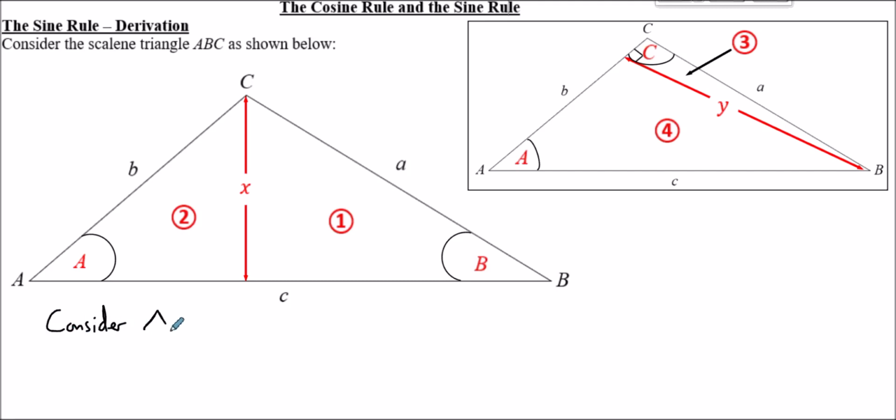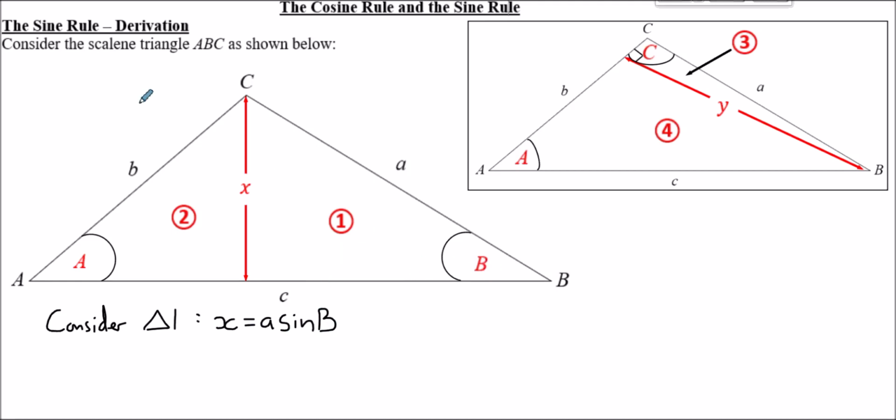So for triangle 1, x, this one here, is going to be a, this side here, sine B. If you're not sure where that comes from, just remember SOH-CAH-TOA and apply sine.